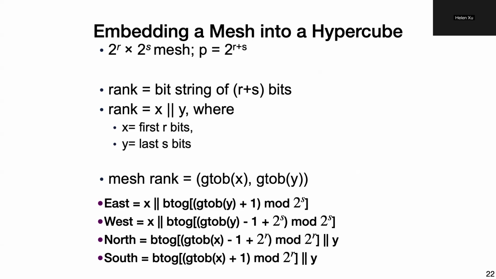That's why the row is fixed here with x, and this column changes in this way. And vice versa, if you change the row with north and south, then the column is fixed, but the row changes. And this is how you get back the mesh rank if you have the hypercube rank.